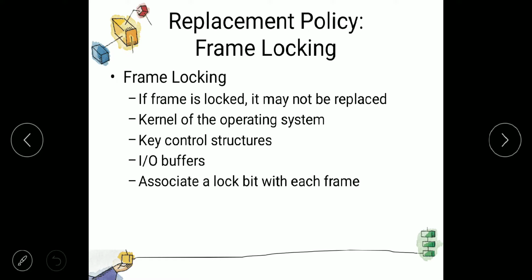But if the operating system finds that a particular frame's lock bit is 1, it is a residence set. The process belongs to a residence set, so it cannot be replaced; the operating system tries other frames, it jumps over it, right? It won't disturb such a frame whose lock bit is 1.